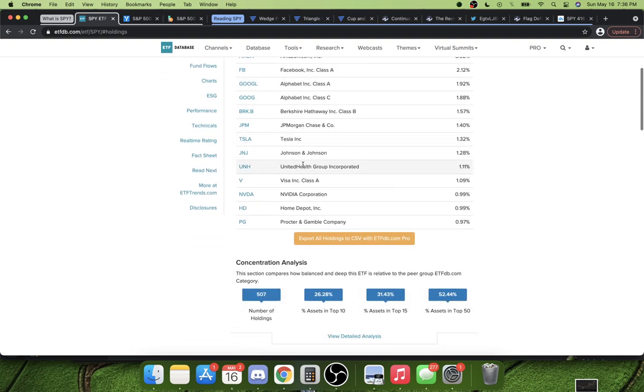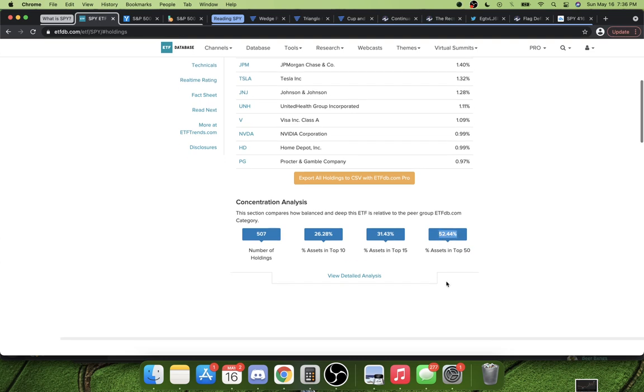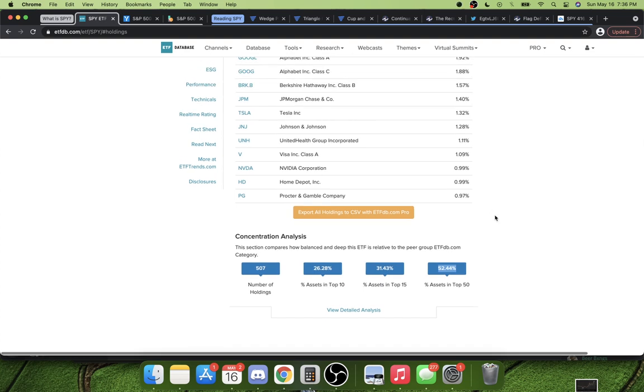So one of the first things you want to note is the percentage of assets in the top 50 of this S&P 500 index is 52%. So that means that in the top 10% of the index holdings, that's 50% of the total index market cap.